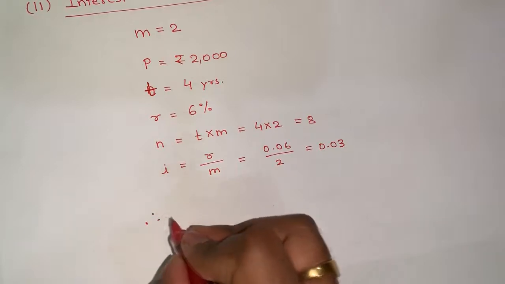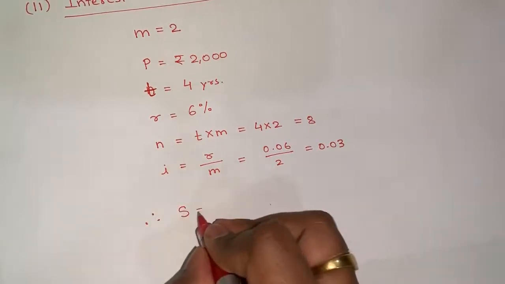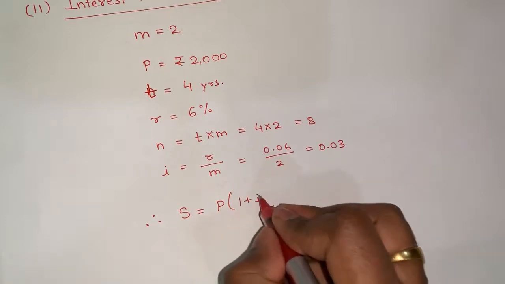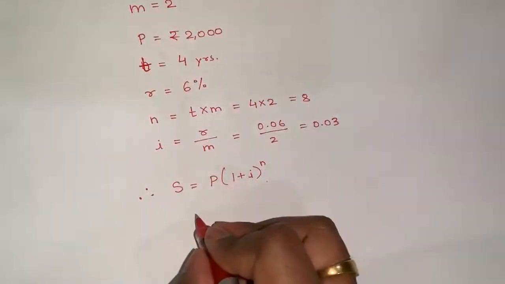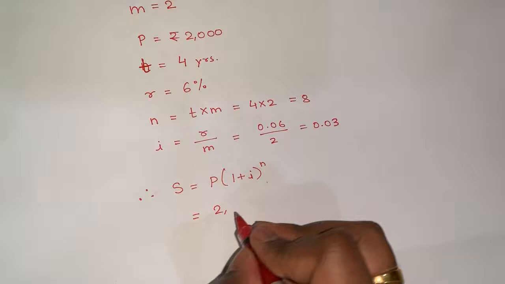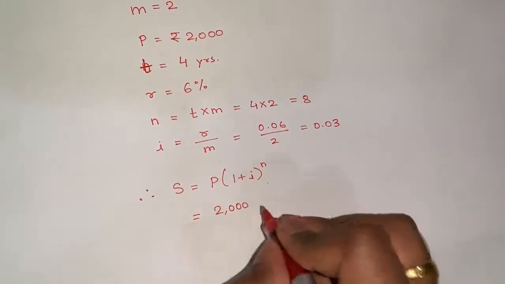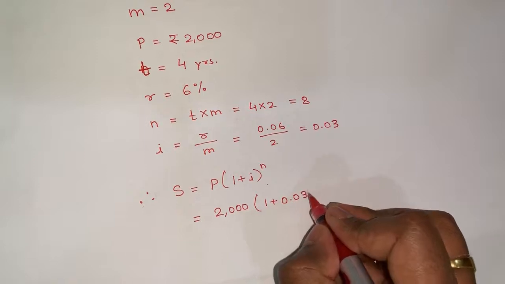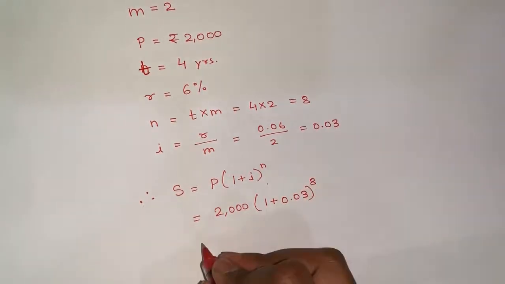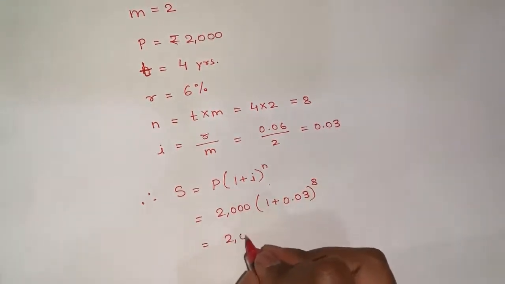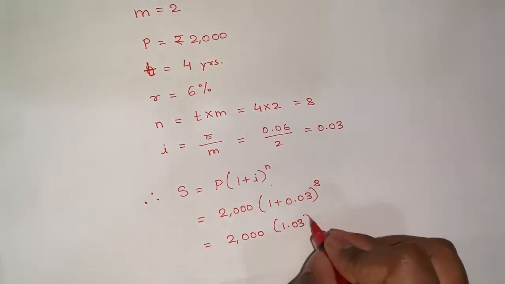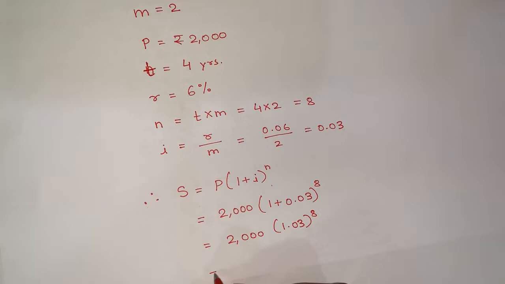Hence, my amount here becomes P(1 + i)^n, which is 2000 into 1.03 to the power 8.